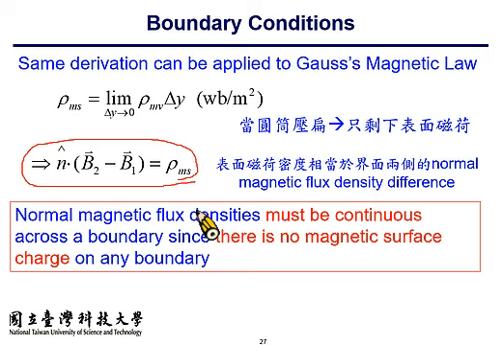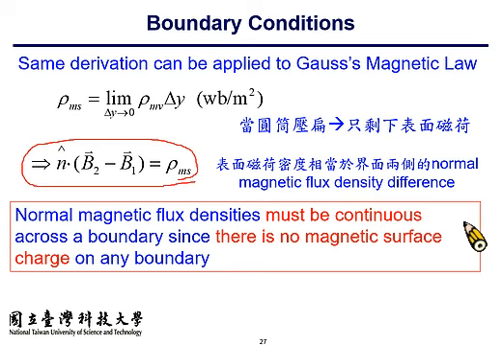As you know, there is no real magnetic charge, so the right hand side must equal 0. The physical implication is that the normal magnetic flux density must be continuous across a boundary, because there is no magnetic surface charge on any boundary.